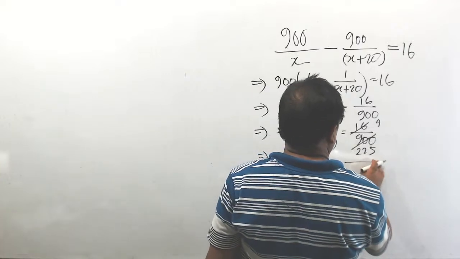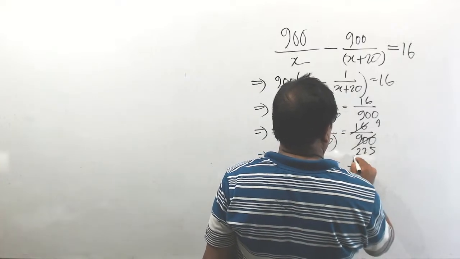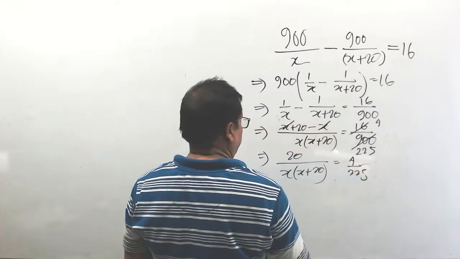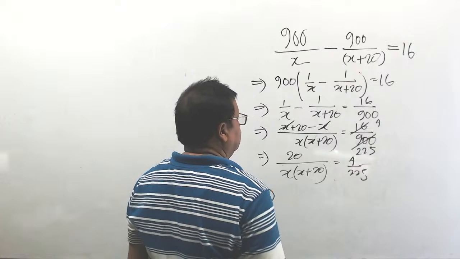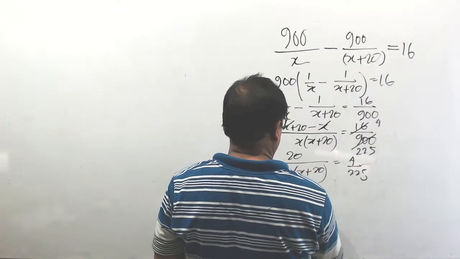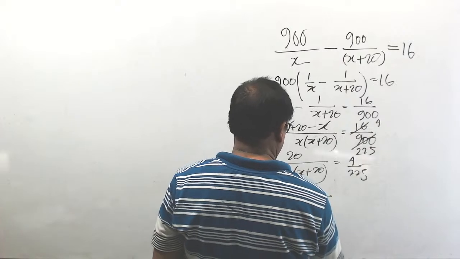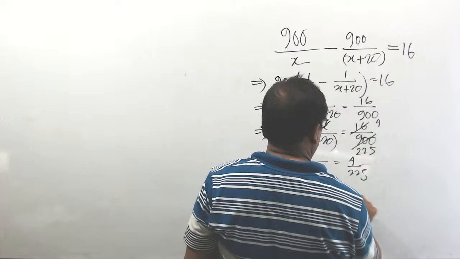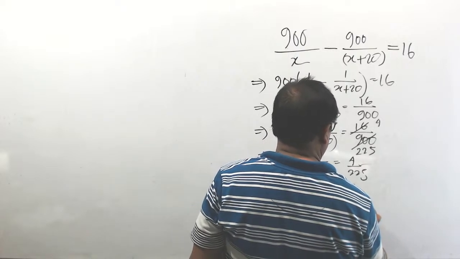That means you are getting 4 by 225. Divide both sides by 4. This is equal to 1 by 225.